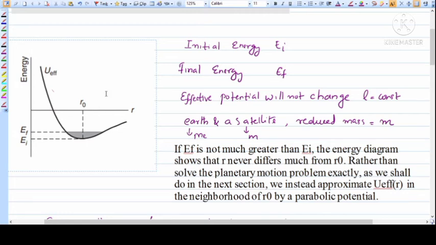Here we are approximating U effective of R in the neighborhood of R0. Since R0 and R are almost equal, we approximate U effective of R in the neighborhood of R0 by this parabolic potential.